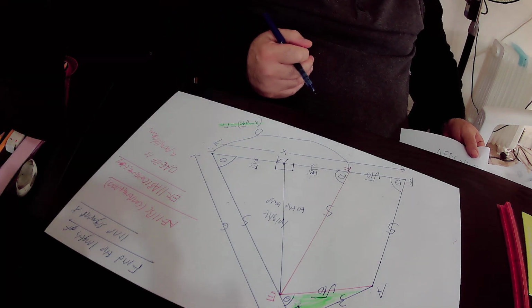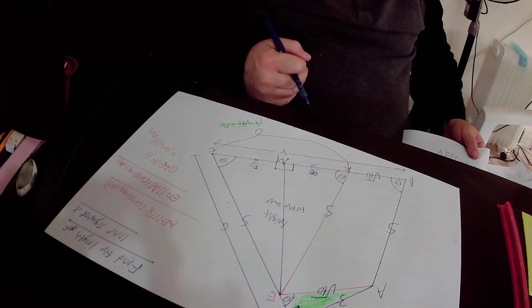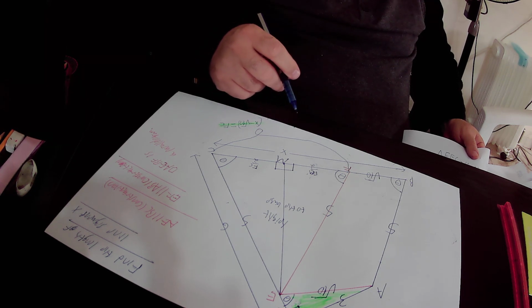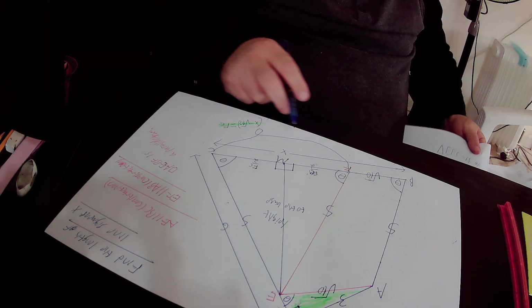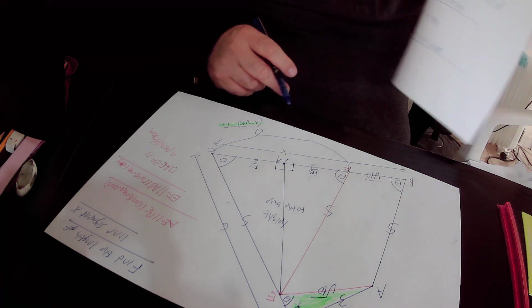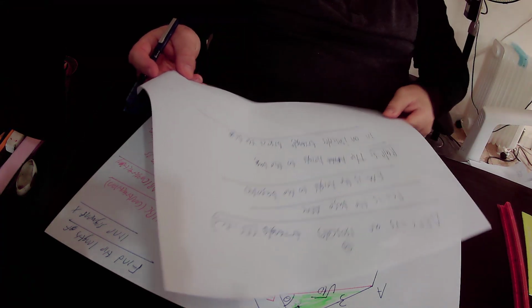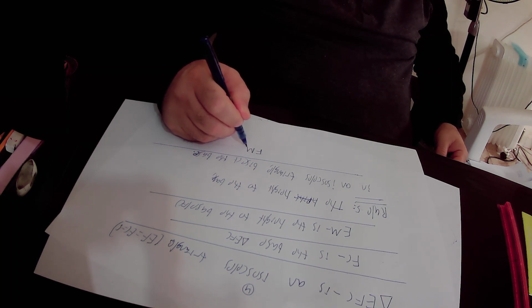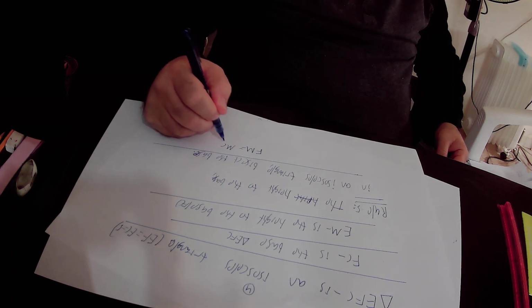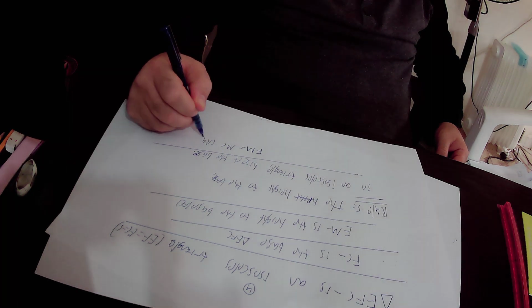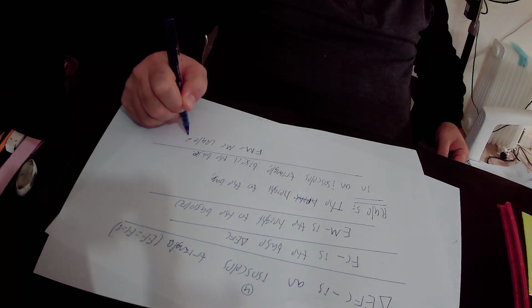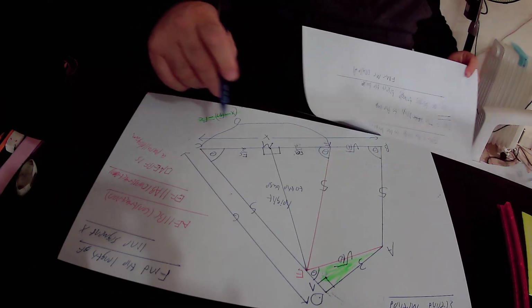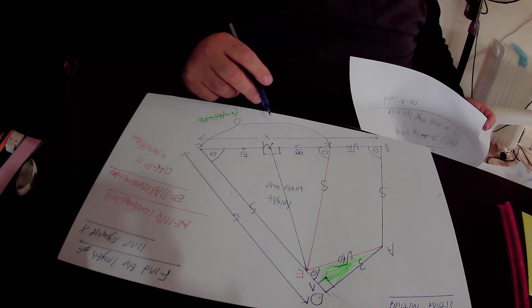So first of all, because the height EM to the base FC bisects the base, it means that FM equals MC according to rule number 5. According to rule number 5, the height EM bisects the base.